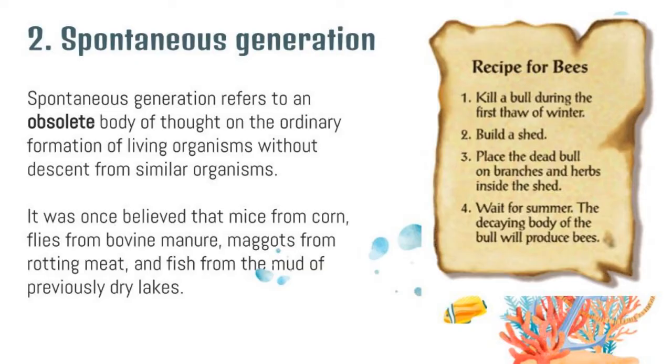They even had recipes for organisms, such as this one, a recipe for bees. That is to kill a bull during the first thaw of winter, build a shed, place the bull and herbs and all that. Then when summer comes, they will find the decaying body of the bull with bees.